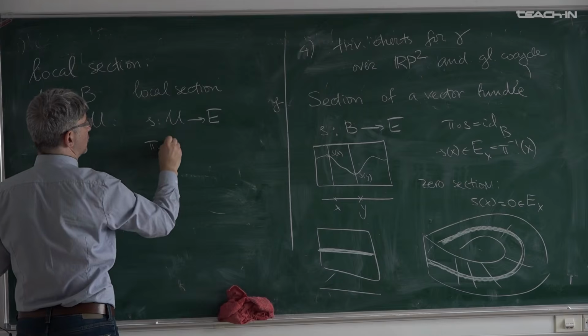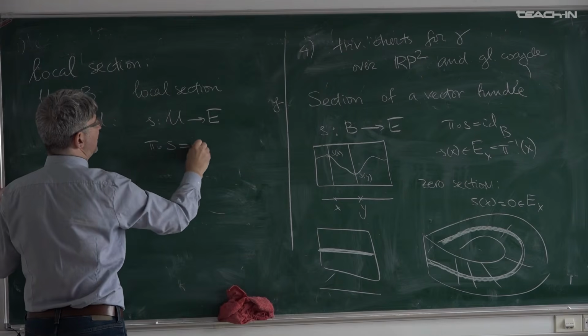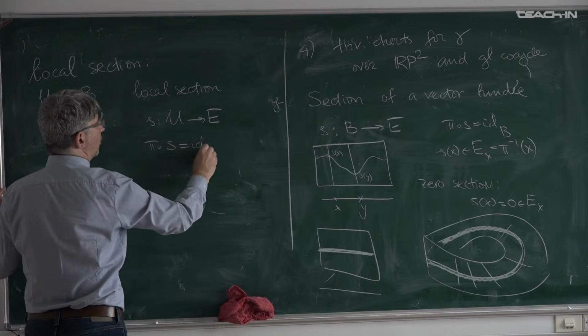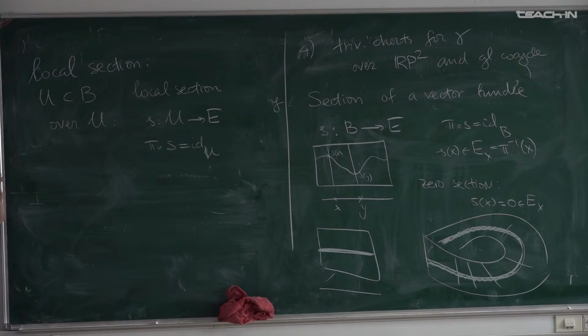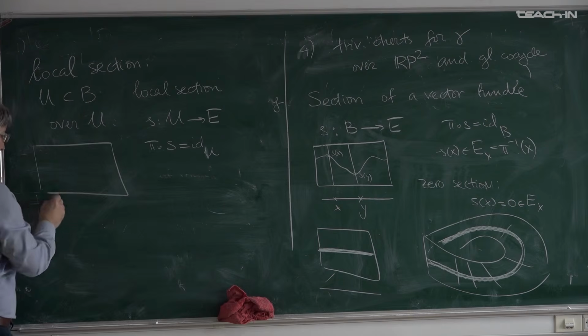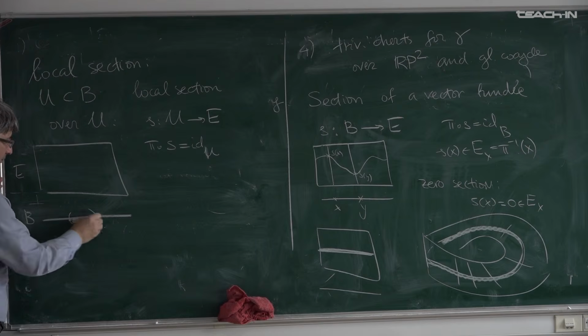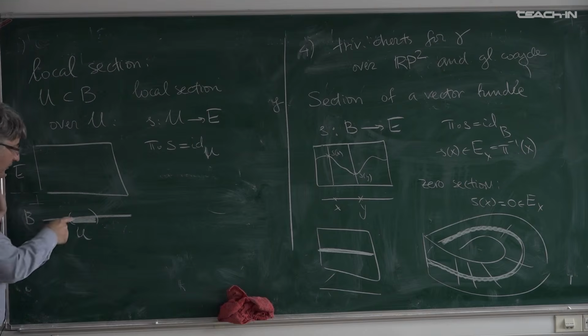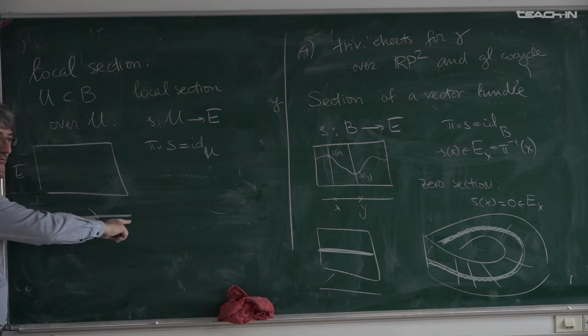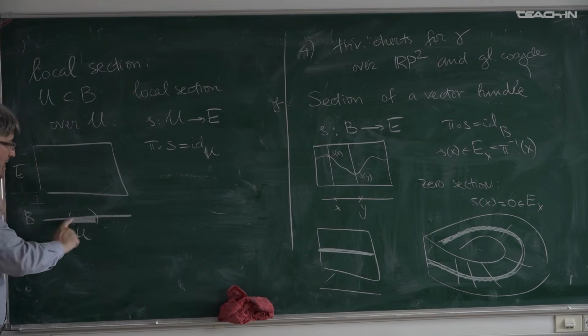P composed with S gives you identity, but only on U, because it is defined only on the points of U. If you look at the picture, you will see the following thing. This is B, this is E, this is part of the base, an open set U, and your section is defined not globally, not over all the base, only on this part.